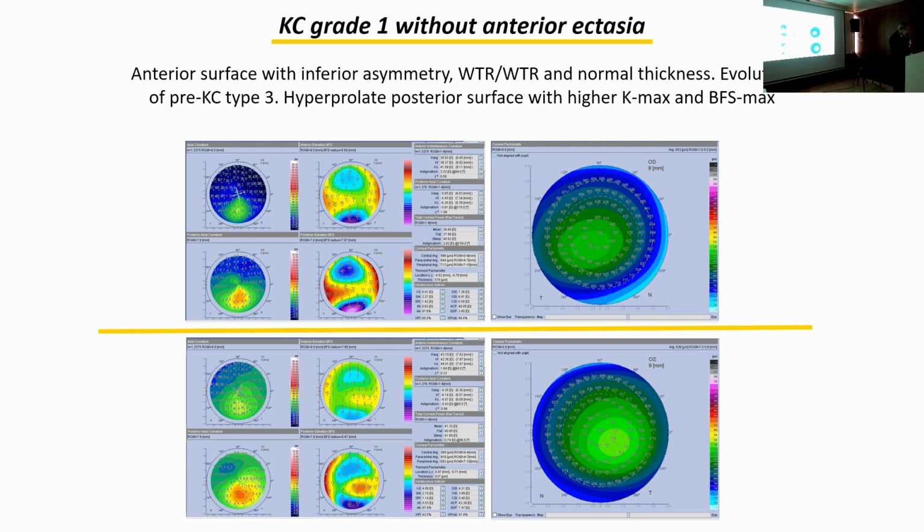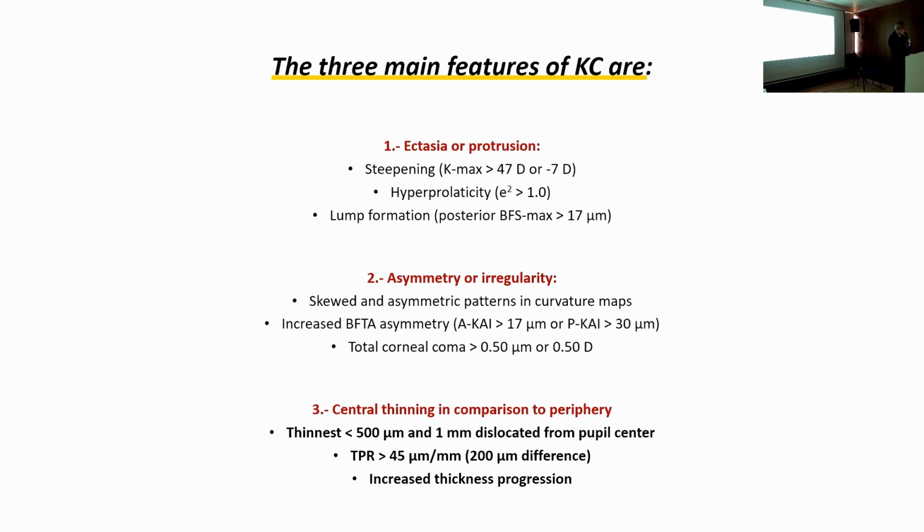This is with the Galilei G1. And the three main features we have are the central thinning in comparison with the periphery. I was confused, sorry. This is the kind of case, very thin corneas, that are usual and very frequent to find in the Middle East.